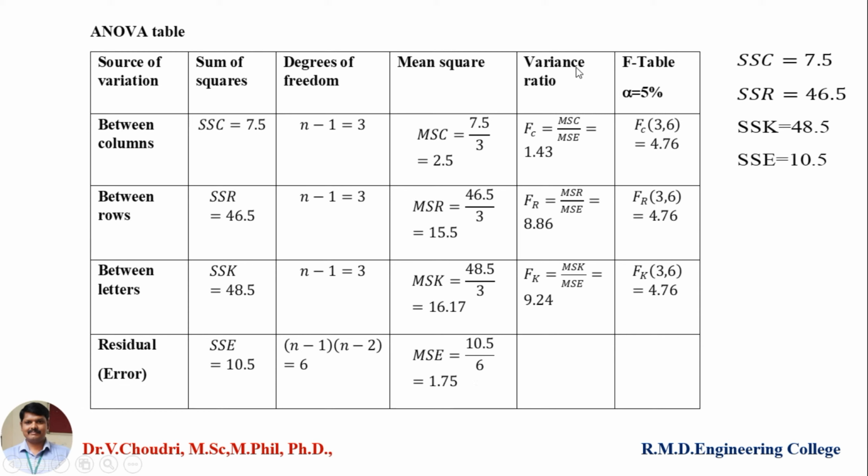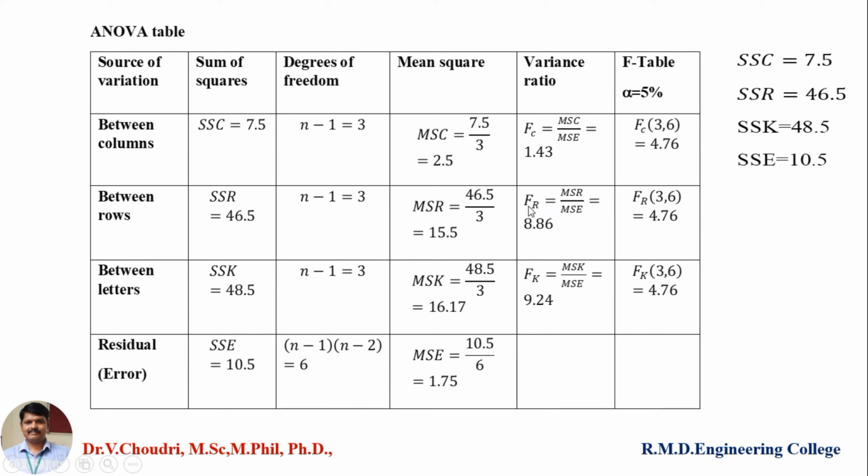Now the variation ratio. How are we going to obtain it? Already I told you that FC, FR, FK should be greater than 1. So compare 2.5 with 1.75. 2.5 is greater than 1.75, so the numerator is MSC and the denominator is MSE. What is the answer? 2.5 divided by 1.75. Use your calculator, you may get the answer 1.43.